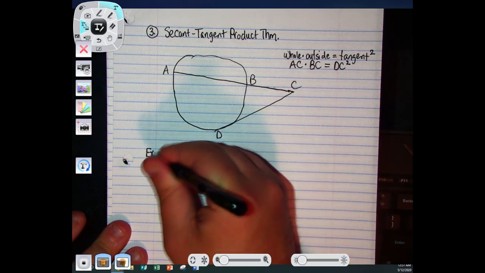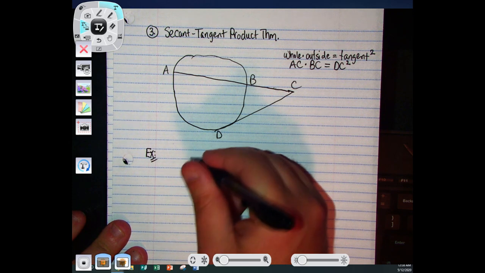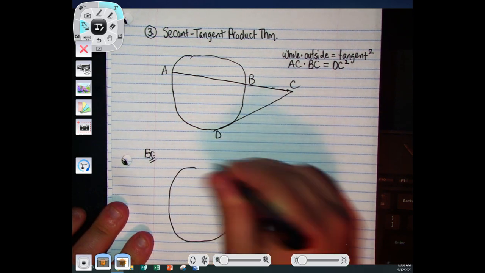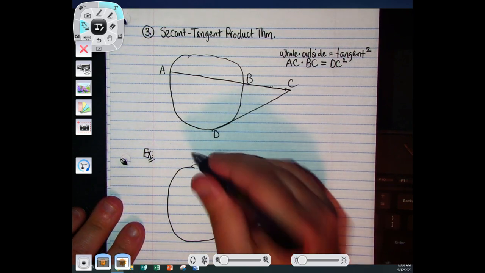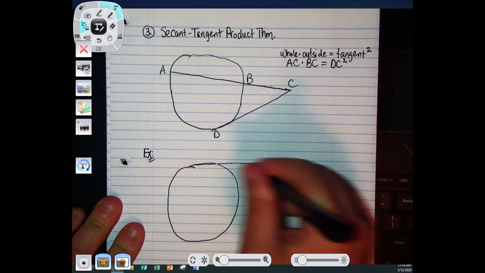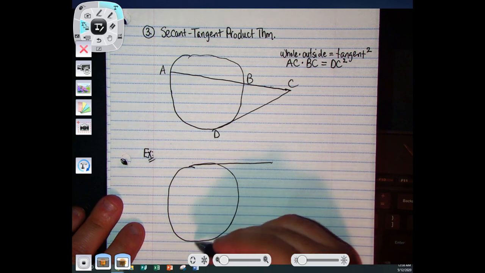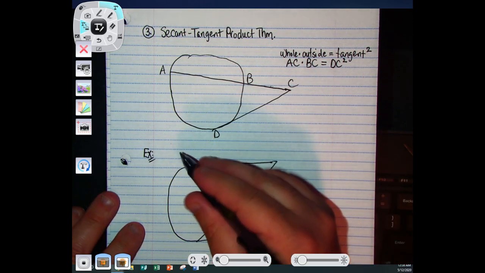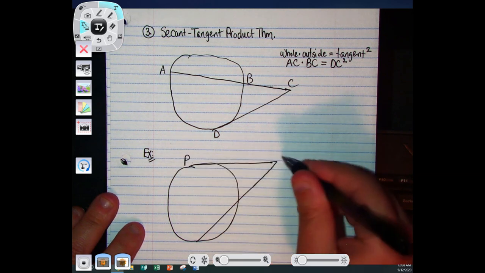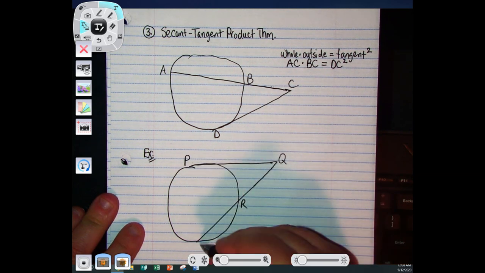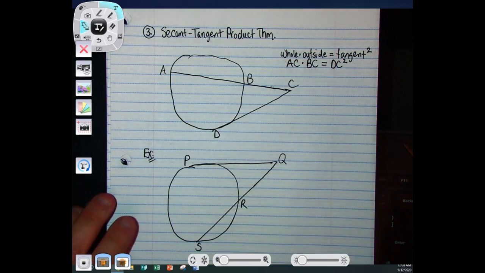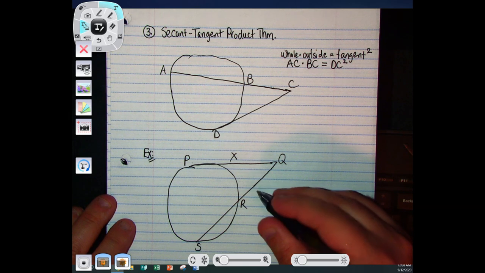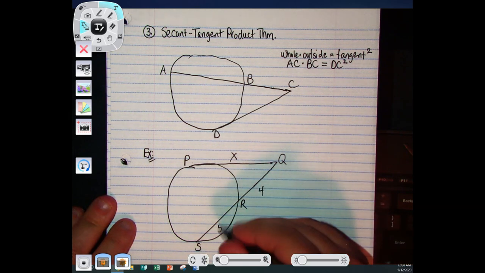For example, if I sketch a circle and I have my tangent line up here and my secant line, we'll call this P, Q, R, S. We know that PQ is X, QR is 4, and RS is 5.